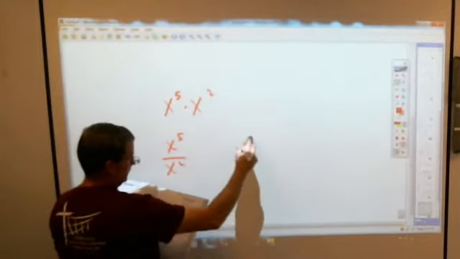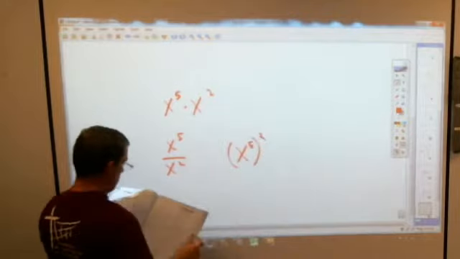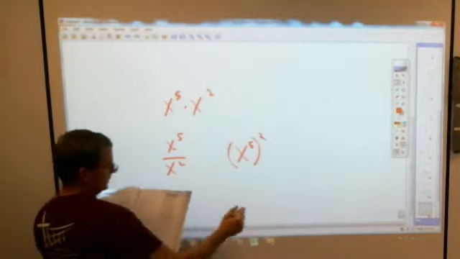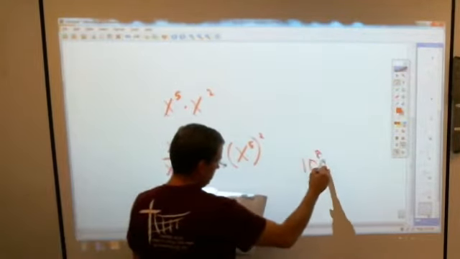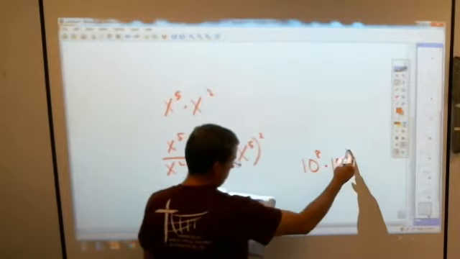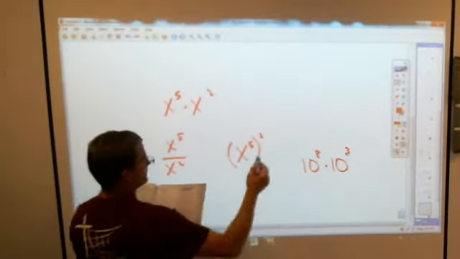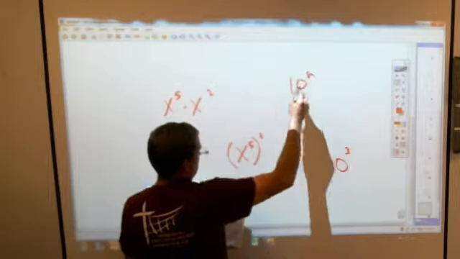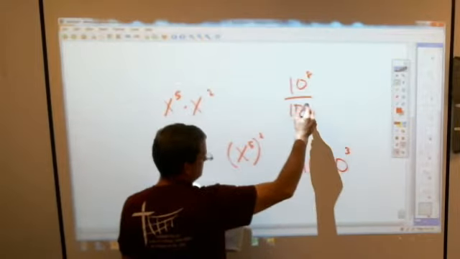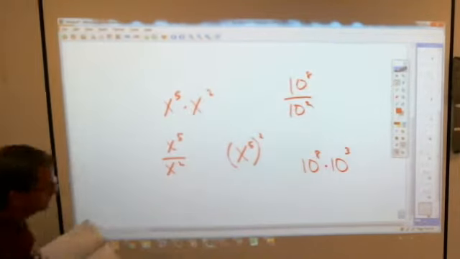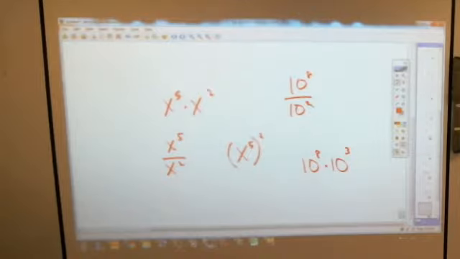X to the 5th squared. 10 to the 8th times 10 to the 3rd. 10 to the 8th divided by 10 to the 2nd power. If in fact, children, you were asked to simplify those, what in the world would you come up with?